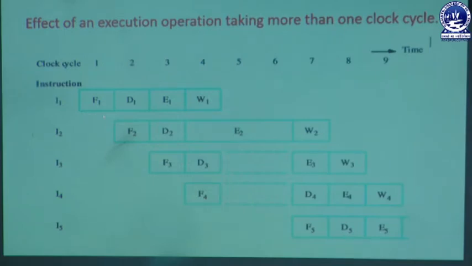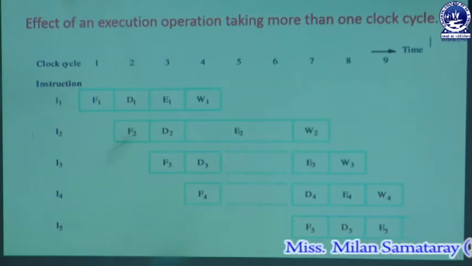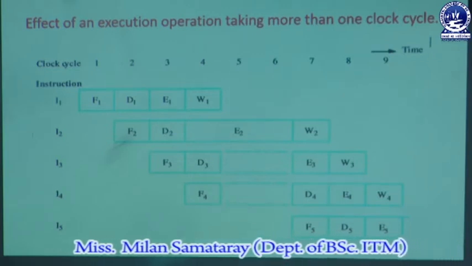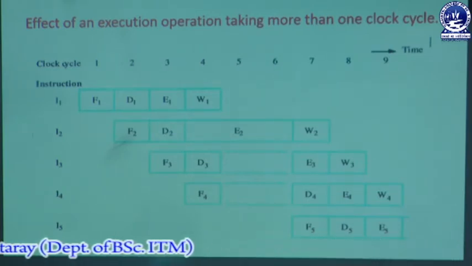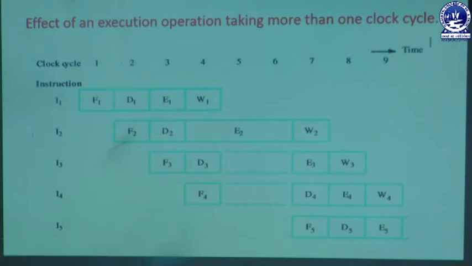Then the processor will fetch instruction I1 in the first clock cycle. As I have already discussed in my previous lecture, between every unit there is a buffer. That means between the fetch unit and decode unit there is one buffer, between the decode and execution unit there is one buffer, and between the execution unit and write unit there is also one buffer.